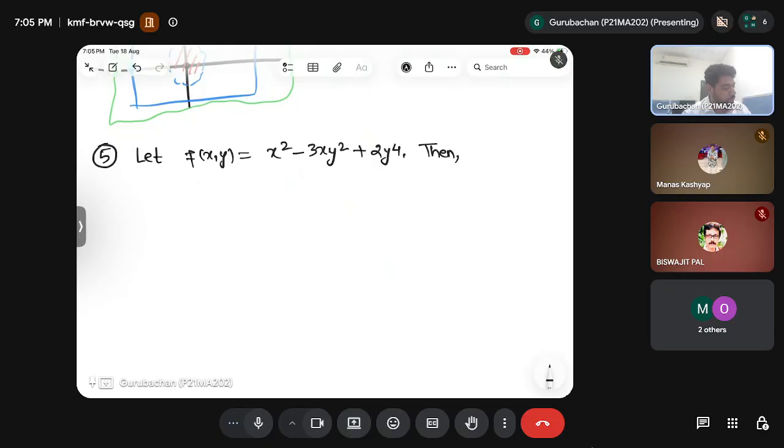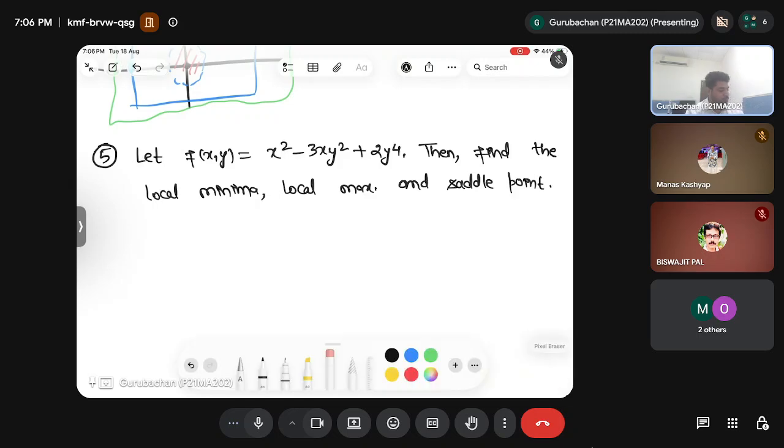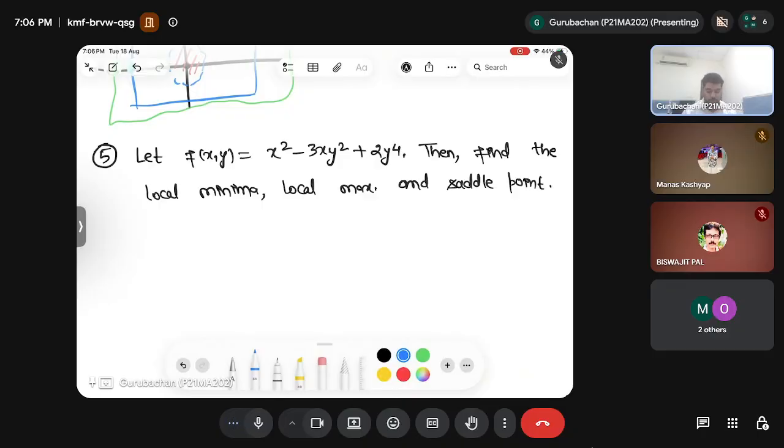Then find the local minima, local maxima, and saddle point. So I believe I don't need to solve this one. You can do this one. Quickly tell me the answer.